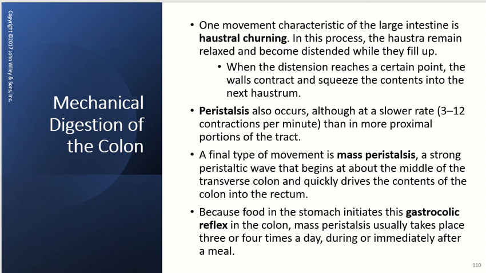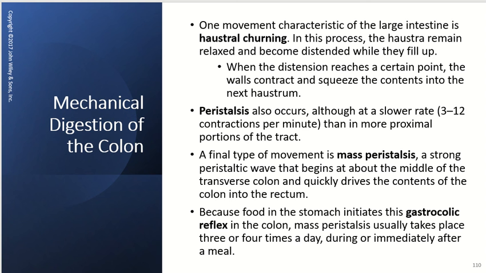Peristalsis is also going to occur in the colon. This is going to be, however, at a slower rate than in the more proximal portions of the tract, anywhere from 3 to 12 contractions per minute. The final type of movement is mass peristalsis. This is a strong peristaltic wave that begins at about the middle of the transverse colon and is going to quickly drive the contents of the colon into the rectum.